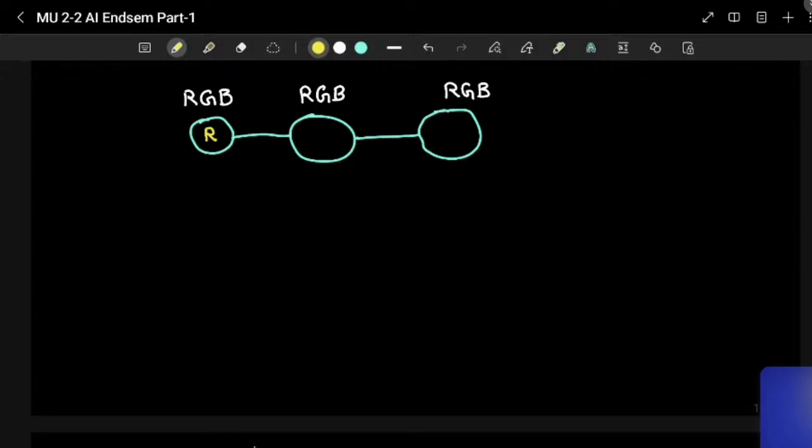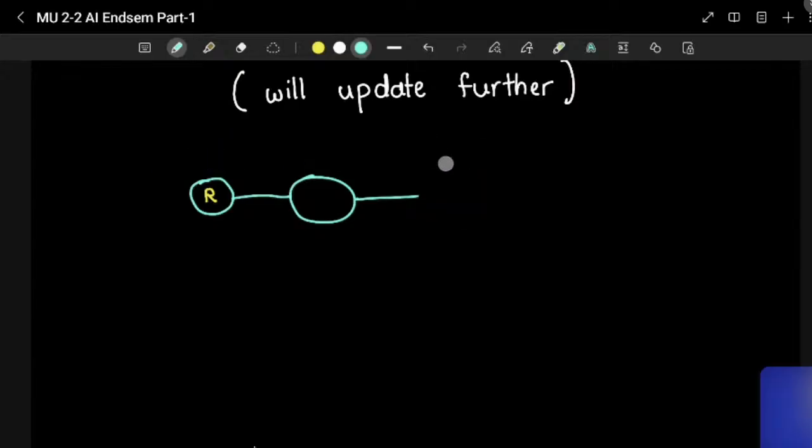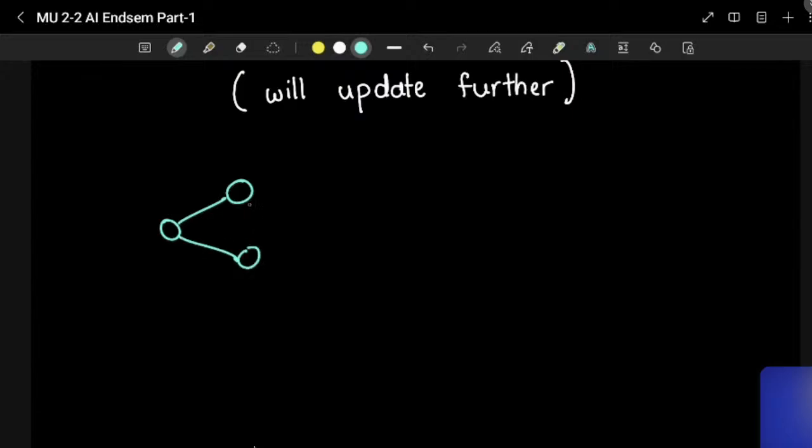If the first variable has R, it means G and B are out of the question. Oh, wait. This is that Australia example only.